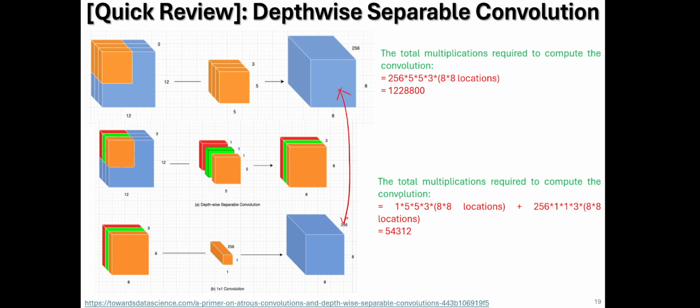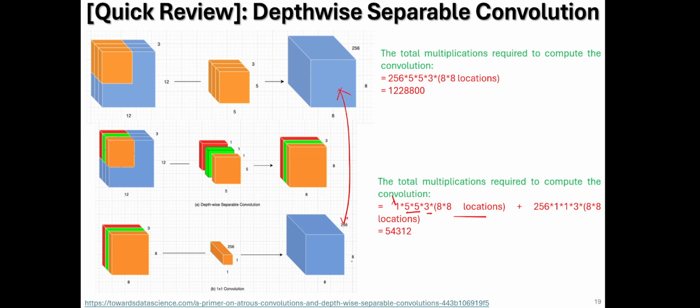So this step has 8 cross 8 locations again, definitely, and a 5 cross 5 kernel and 3 input channels, but only 1 output channel at a time, right? That's the critical case. So you are stacking them together, and only one at a time you're doing it. That is this operation.